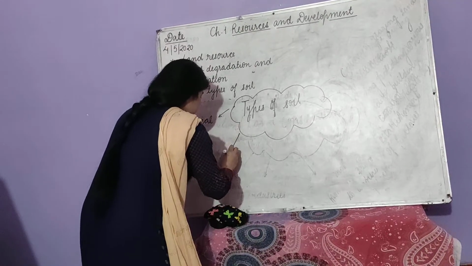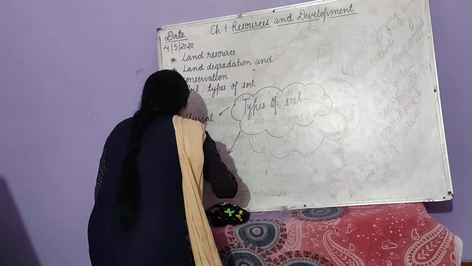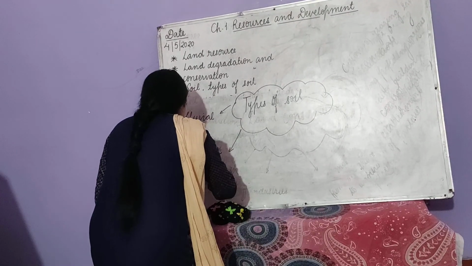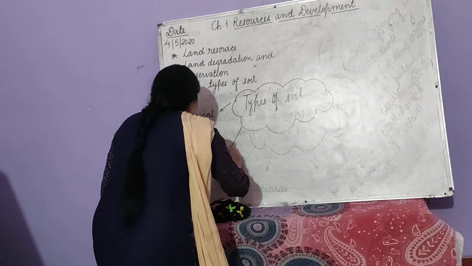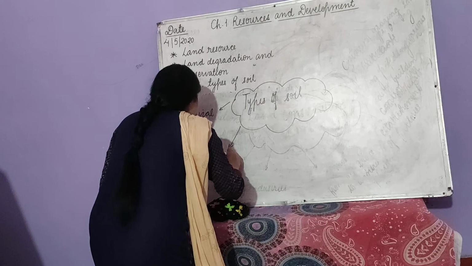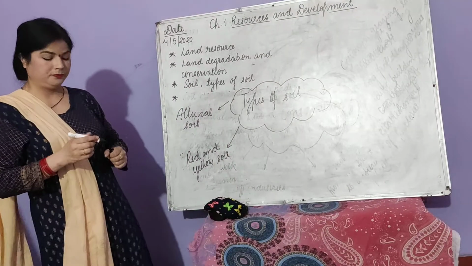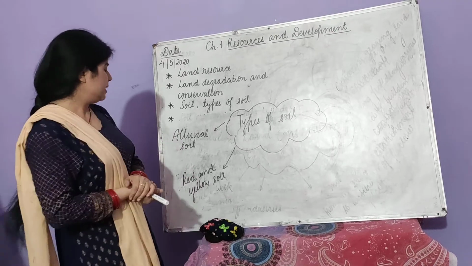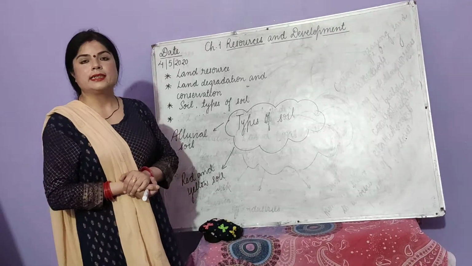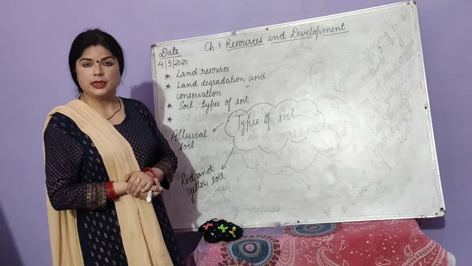Second is red and yellow soil. It's found in Chhattisgarh, Orissa, in these states, and it is in color of red and yellow.